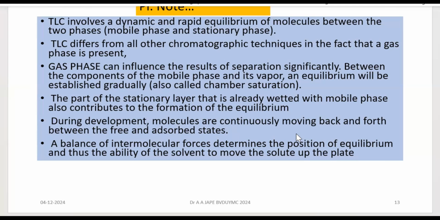Now, next comes the stationary layer, which is already wetted with the mobile phase and is also going to contribute to the formation of the equilibrium. So, during development, molecules are continuously going to move to and fro, back and forth, between the free and adsorbed states.